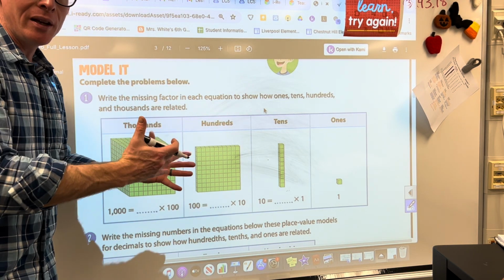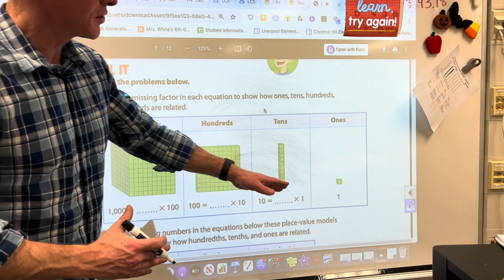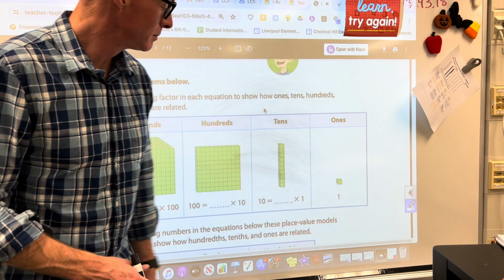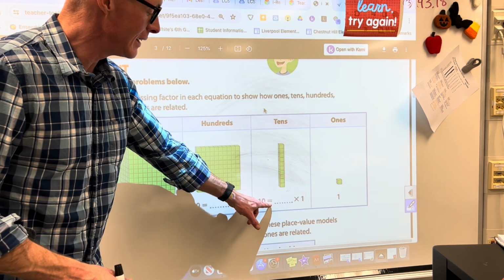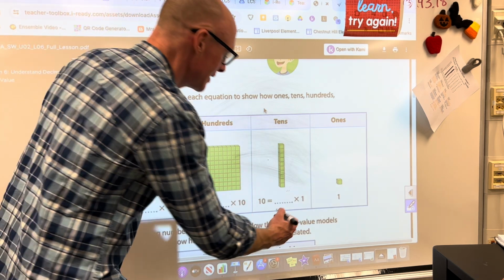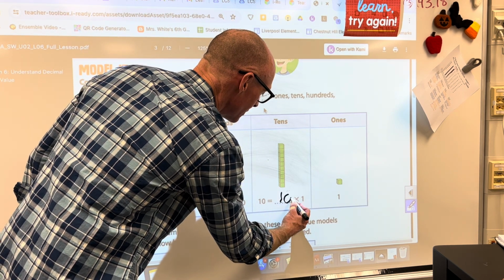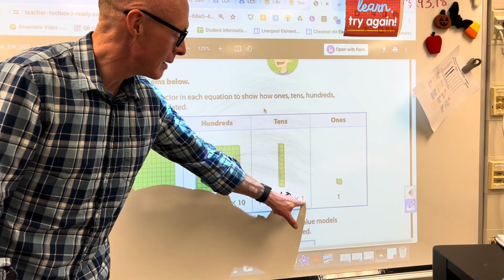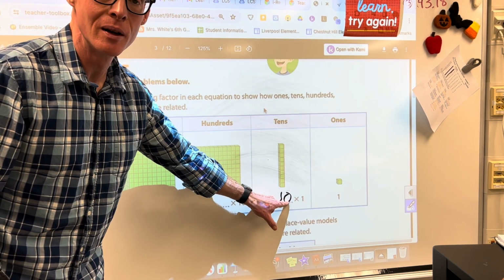Think back to what we did on the previous page. And I'm going to start over here with 1. 1 is just plain old 1. 10 is equal to what times 1? 10 times 1. And if you remember our zeros, that's 1 times 1 with 1 zero.